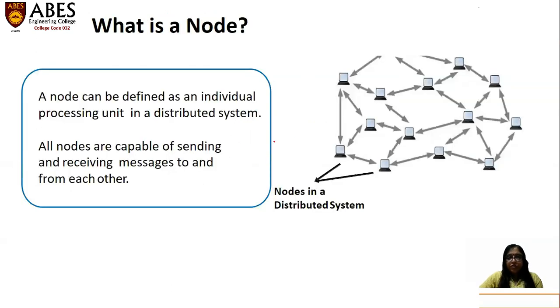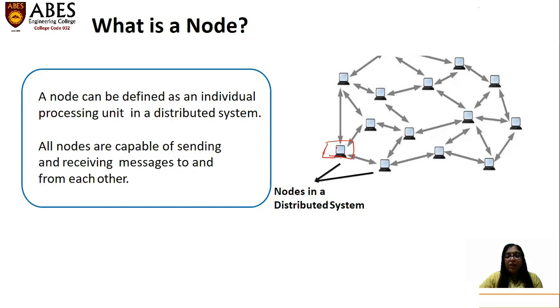Nodes in a distributed system. A node can be defined as an individual processing unit in a distributed system. All nodes are capable of sending and receiving messages to each other. Basically, all nodes in a system have full authority to give and take transactions, and they have full authority to approve or not approve, to give their consensus or not give their consensus to a particular transaction.